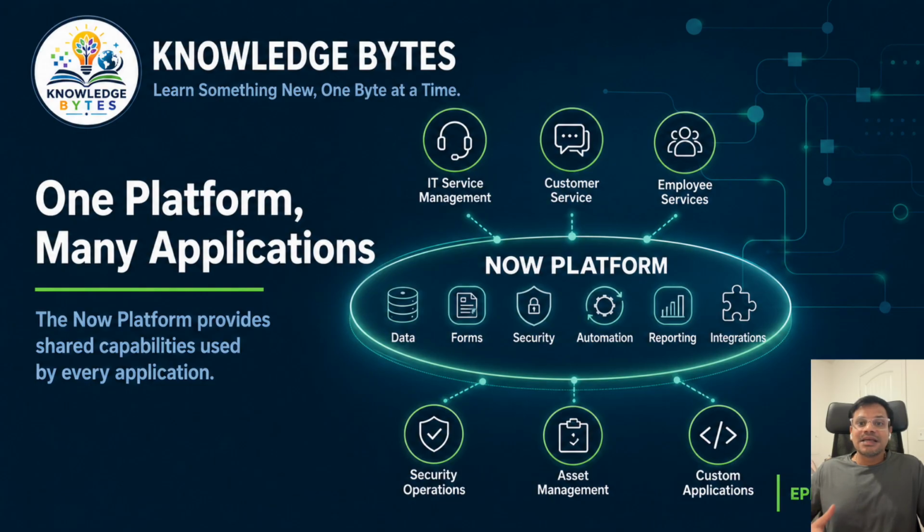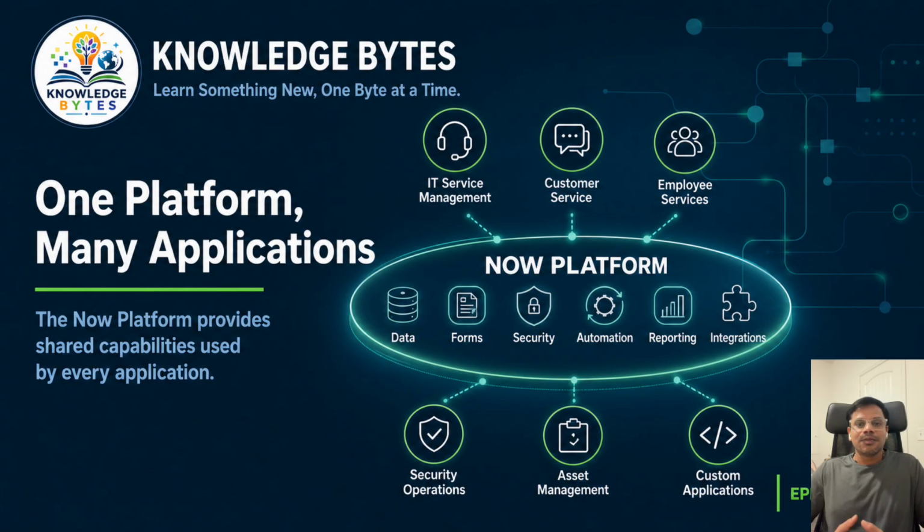Because these capabilities are part of the shared platform, each application does not need to create everything from the beginning. Different ServiceNow products and applications can use the same underlying platform capabilities. For example, IT service management supports IT processes such as incidents and service requests.